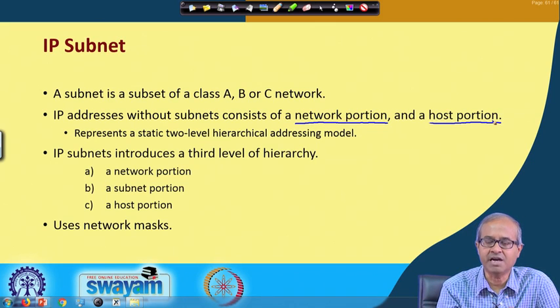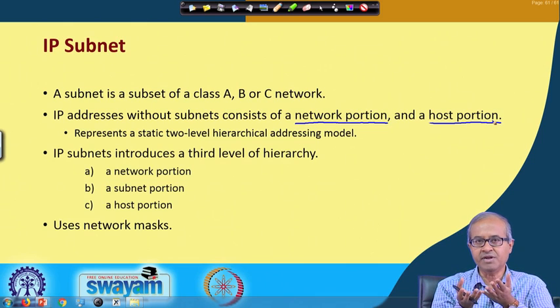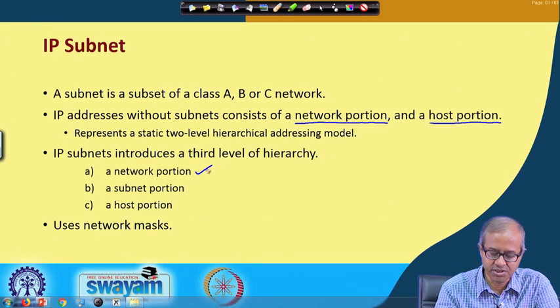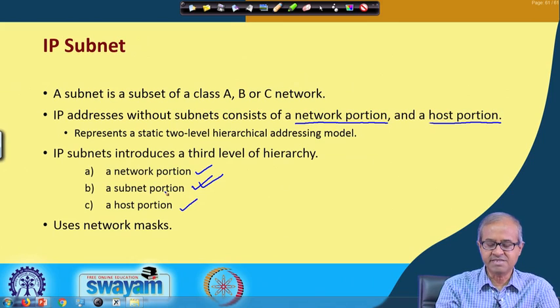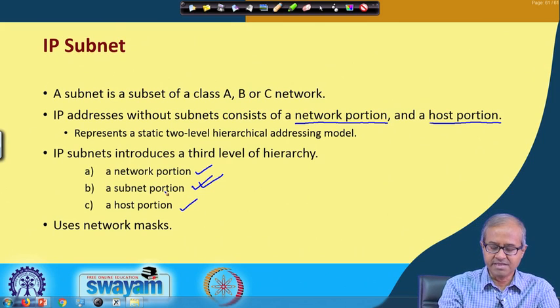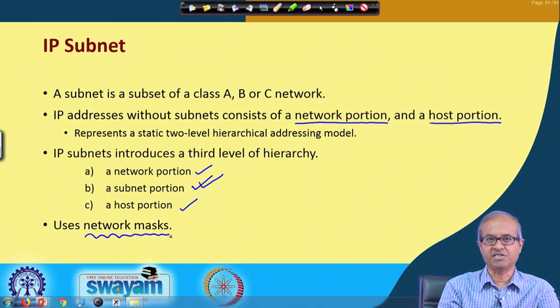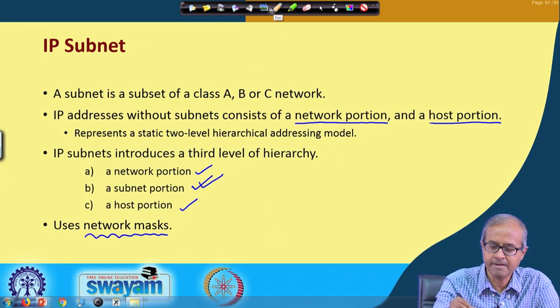Now, when you are using IP subnets, we are adding a third level in the hierarchy. We are using a network portion and host portion. In addition, there is a subnetwork portion or subnet portion, and this subnet portion is specified by using something called network masks. Okay. This is what we are doing.